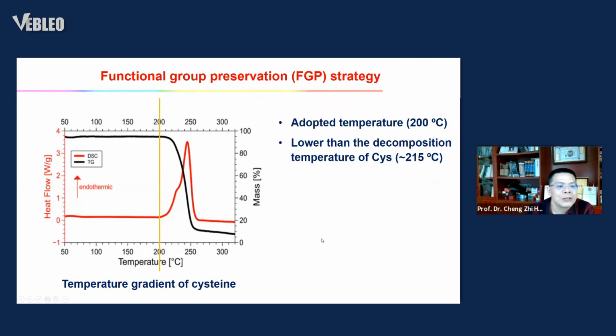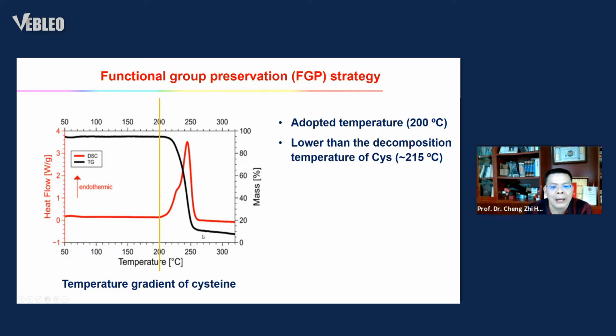In order to preserve the functional group, temperature should be well controlled. Temperature gradient data taught us that the temperature of pyrolysis should be lower than the decomposition temperature of cysteine.